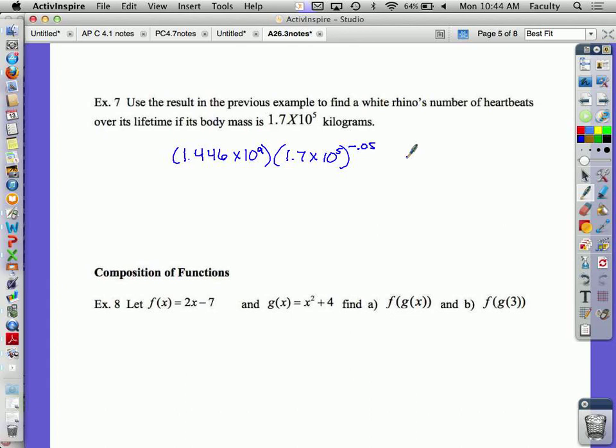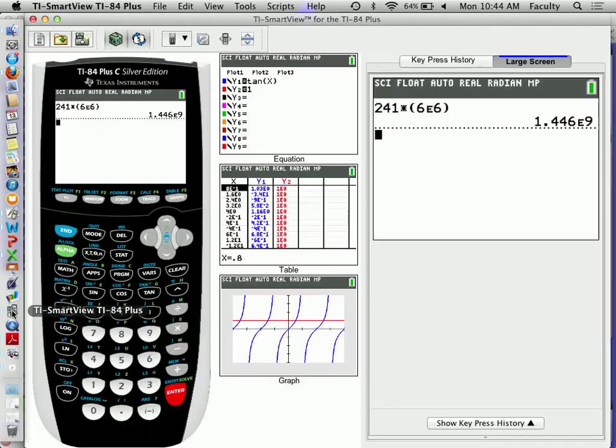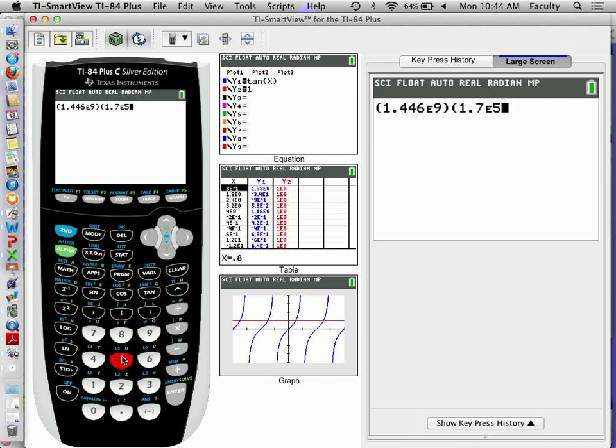So let me show you on the calculator how to enter that. So here we go. We're going to do parentheses, 1.446 E9, and then in a parenthesis we're going to put 1.7 E5, close that parenthesis, and then you're going to use your caret button.